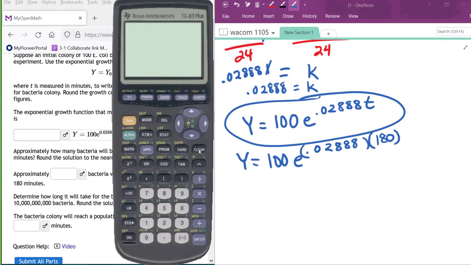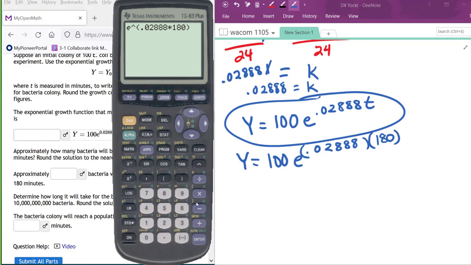Clear. And we'll start with the e and do this multiplication last. So we'll do second e to the power, and you want parentheses because you have math inside. So 0.02888 times 180, close, and then we're going to do times 100.